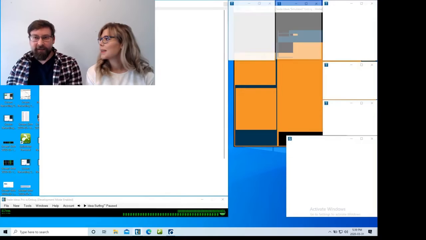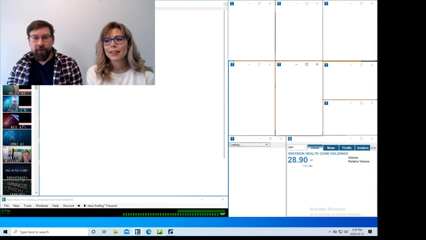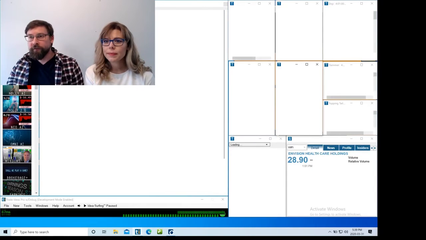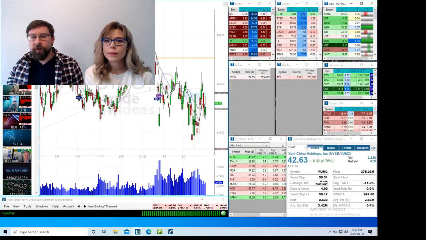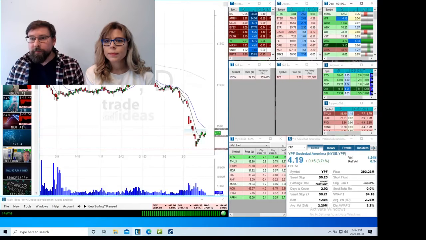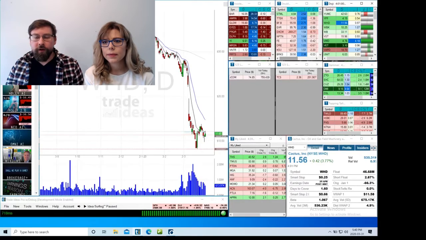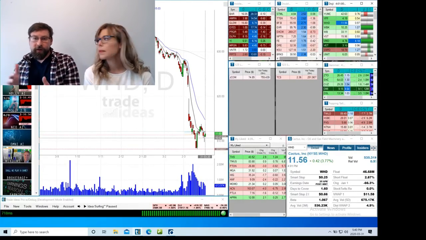This is my nightly scanning layout, and you probably see me all the time on the couch going through this. It actually finds dojis. Right here, this is a gravestone or a dragonfly doji, but it will find the dojis. What you can do is then filter it further.